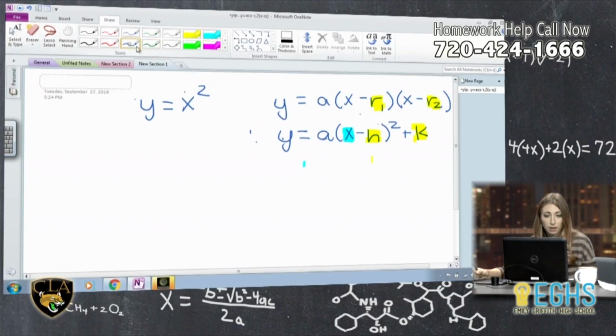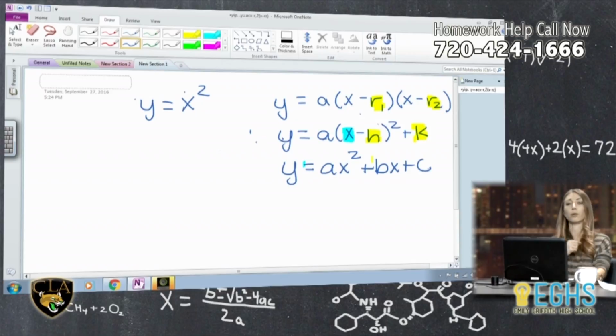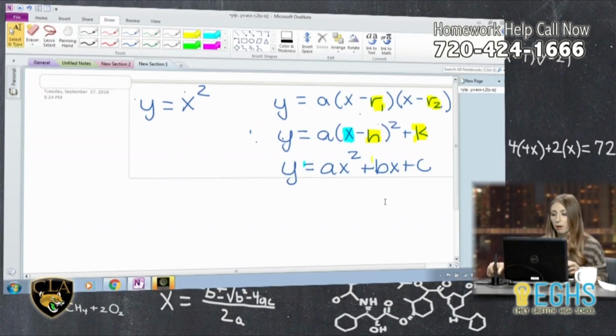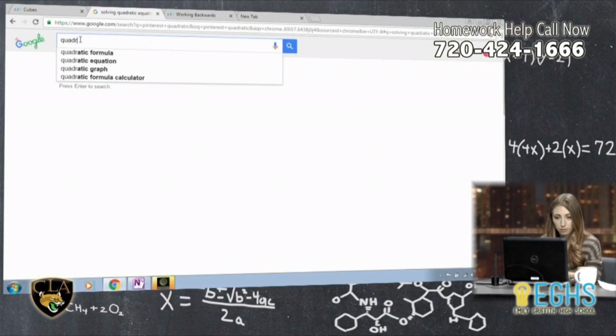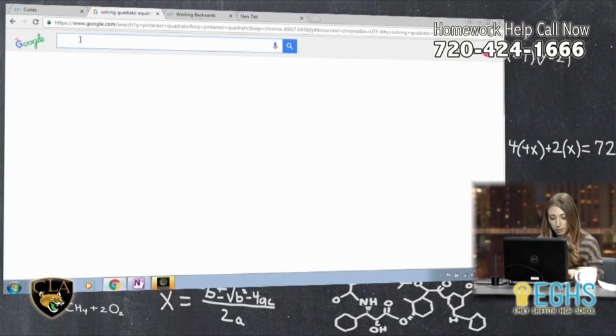When a quadratic equation is in this form, general form, this is the form it must be in to use the quadratic formula. Let me pull it up real quick. I don't know why it's disappearing.